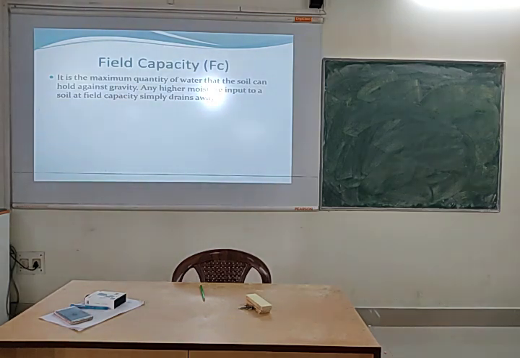Another definition we are having here is called field capacity. Field capacity, right? It is the maximum quantity of water that the soil can hold against gravity. Higher moisture input to a soil at field capacity simply drains away, right? So each and every type of soil has some particular holding capacity.